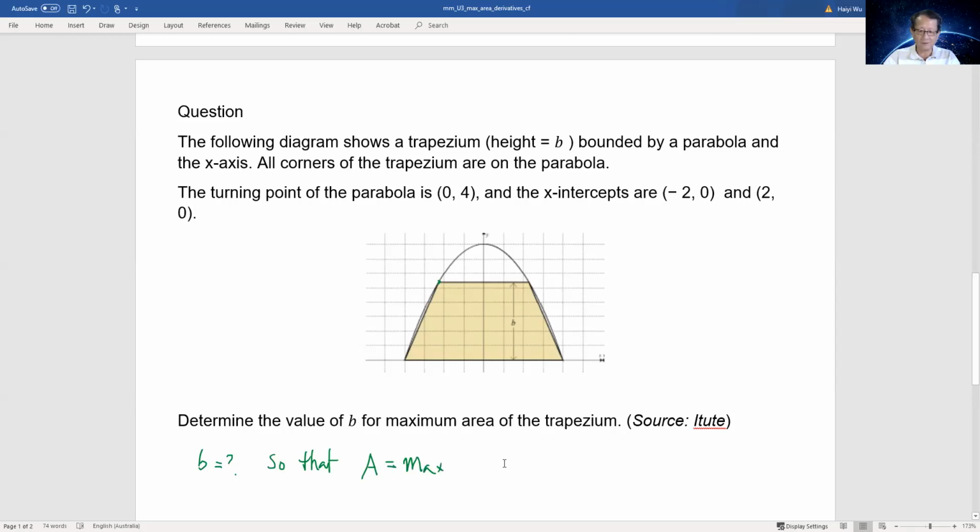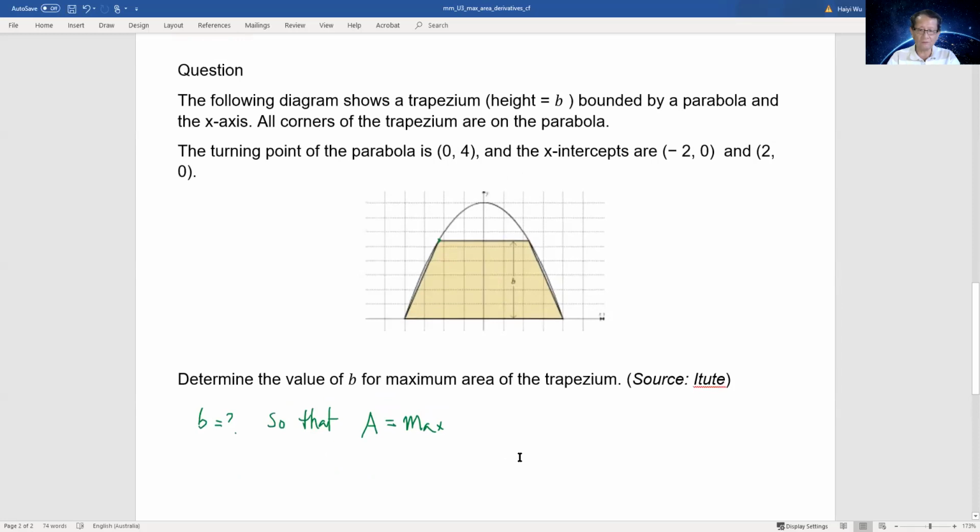Let's have a look at the conditions. The turning point is (0, 4), and the x-intercepts of the parabola are -2 and +2. This gives us the base length.